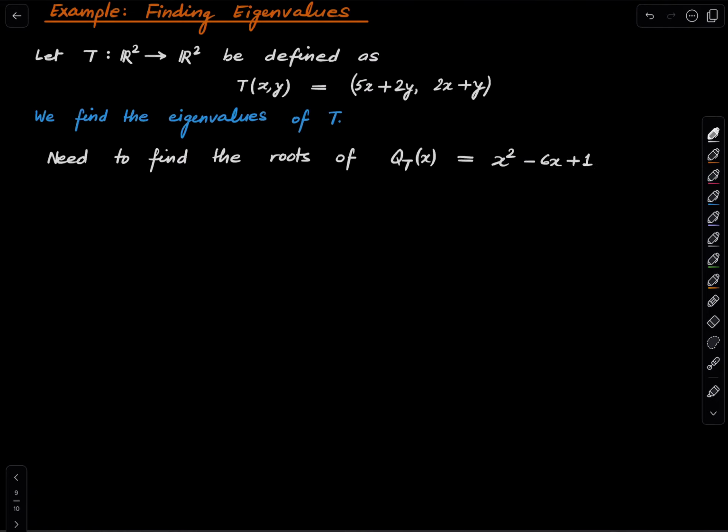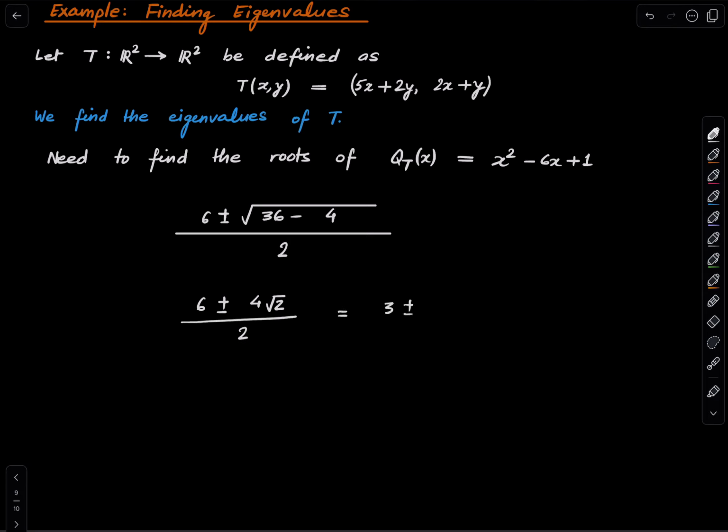The roots are, by the standard formula, those things, which is root 32. What is root 32? It's 4 root 2, I think, which gives 3 plus minus 2 root 2. So those are the two eigenvalues of T. Again, previously we would work a little bit harder than this, but with that formula, it's so easy.